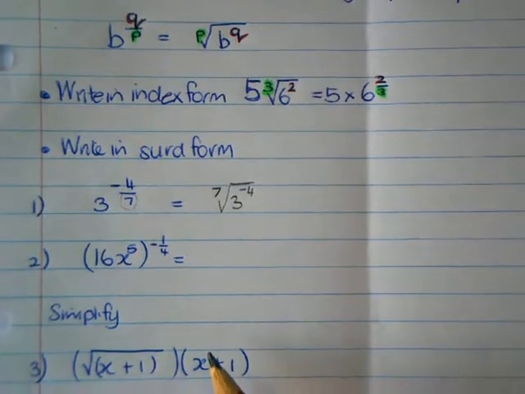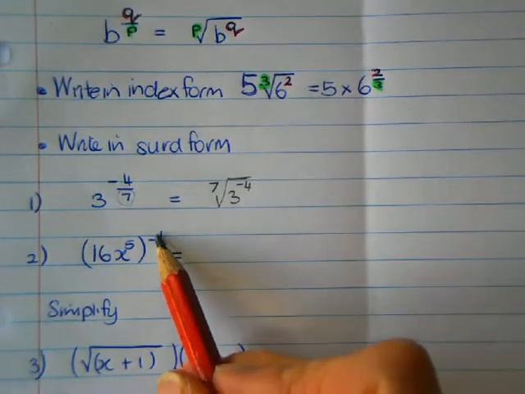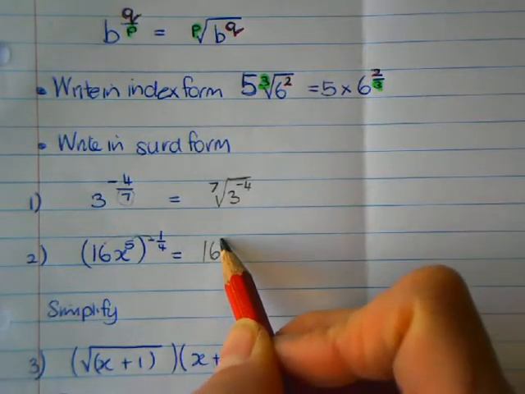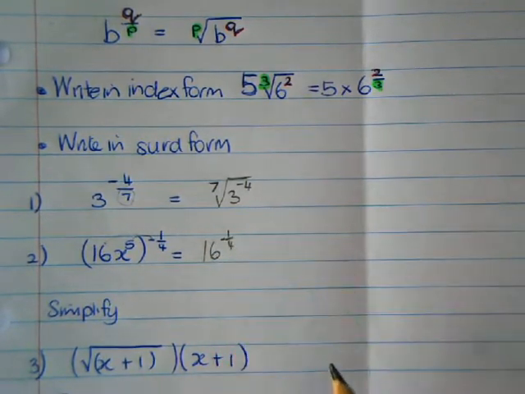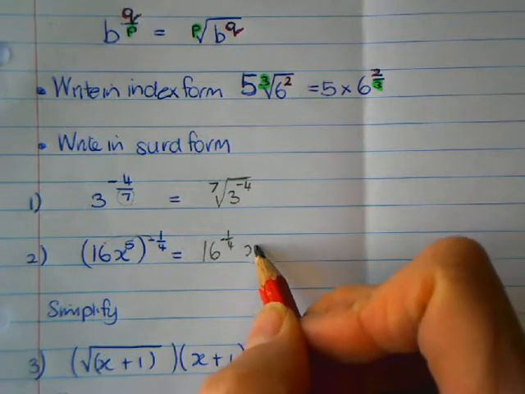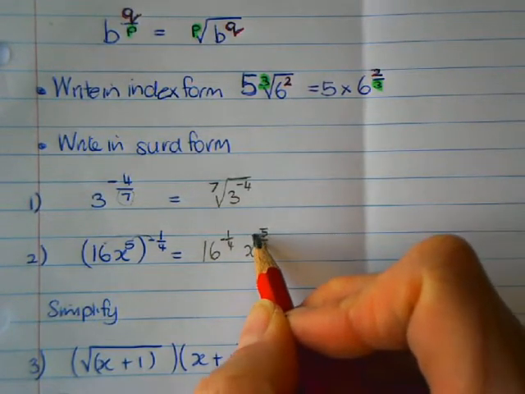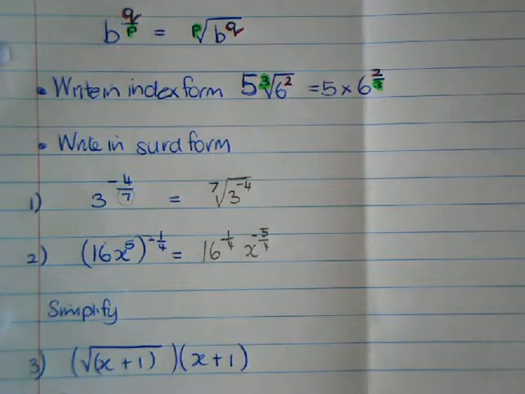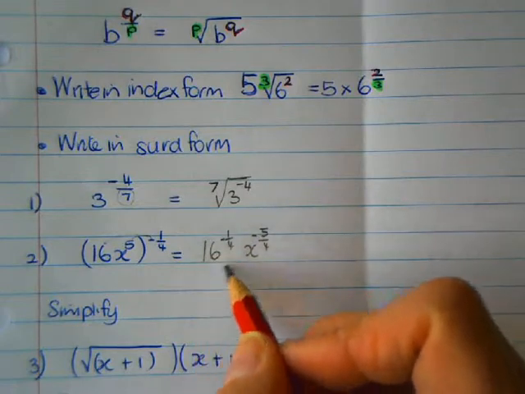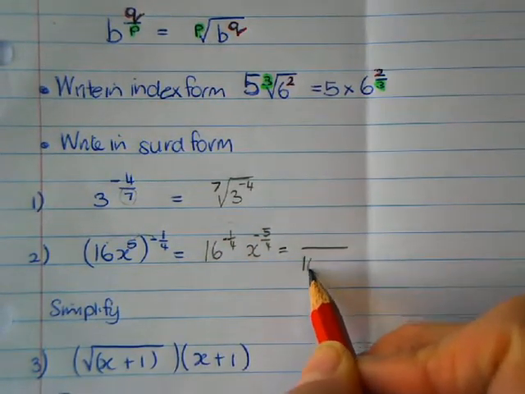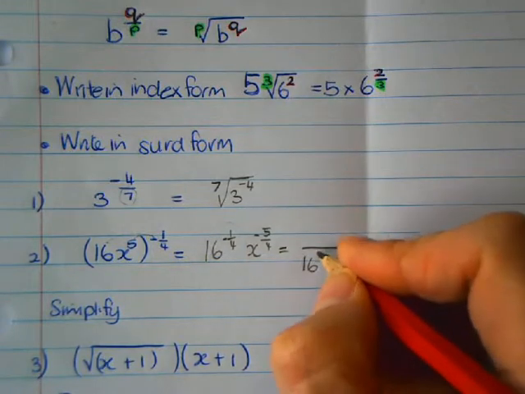This one here, we're going to simplify by first of all bringing this power into both here and here. So it's 16 to the power of -1/4, x to the power of 5 over 4 to the negative. So then we need to simplify that a little bit further. This here is negative, so it's going to live on the bottom line, 16 to the power of 1/4.